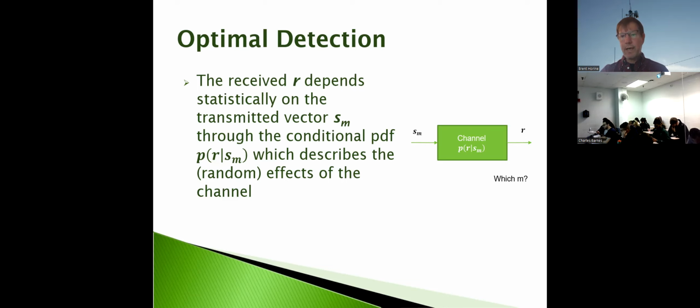So the question at the receiver is which M are we receiving right now? But M translates directly to the symbol.